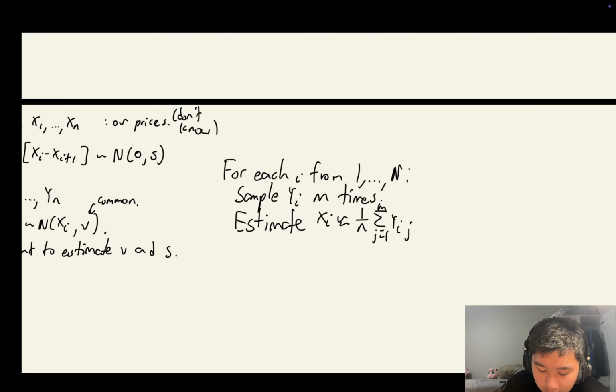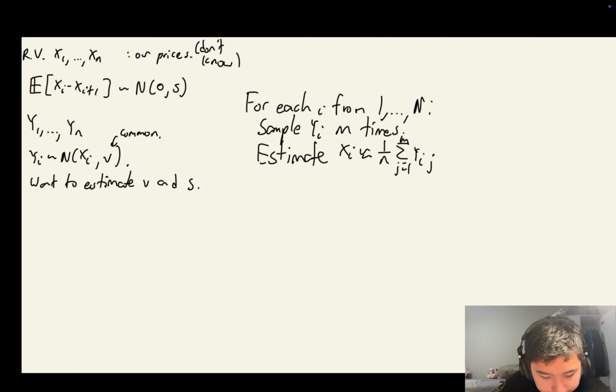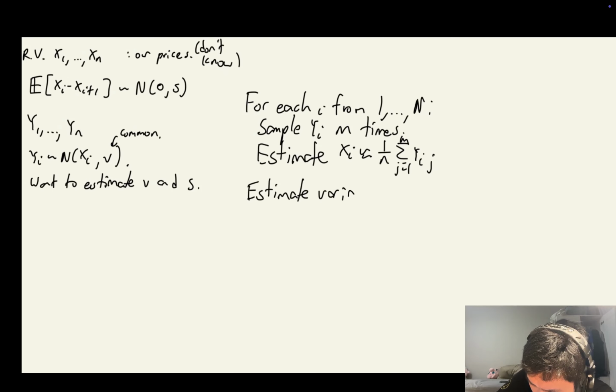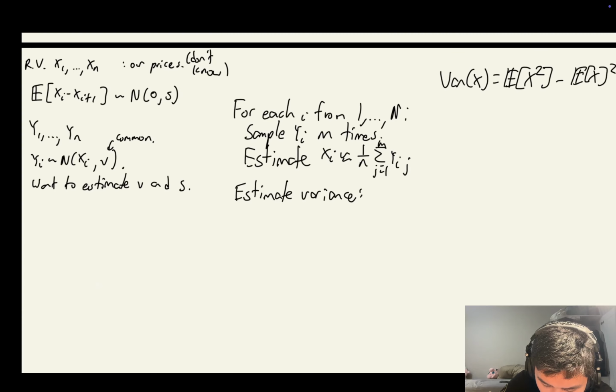Then we want to estimate the variance. Estimated variance. So we have that the variance of x is equal to the expected value of x squared minus the mean squared.